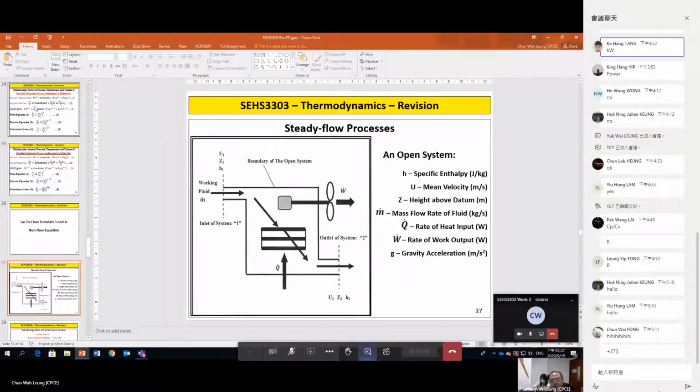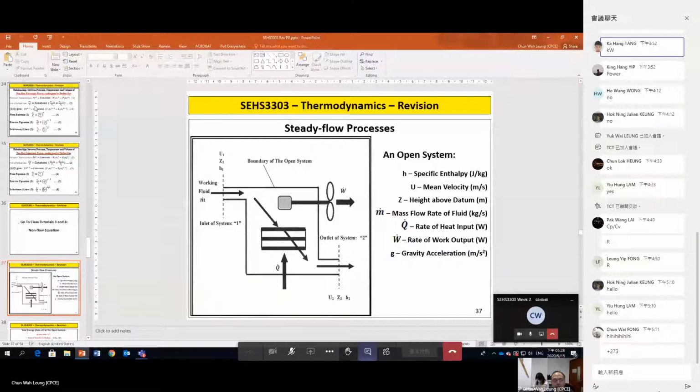However, for a flow system, we already explained that in order for the fluid to enter into the system, the fluid needs to produce a work, a displacement work on the previous fluid in order to push the fluid in such that it can replace the space left by the other fluid mass.